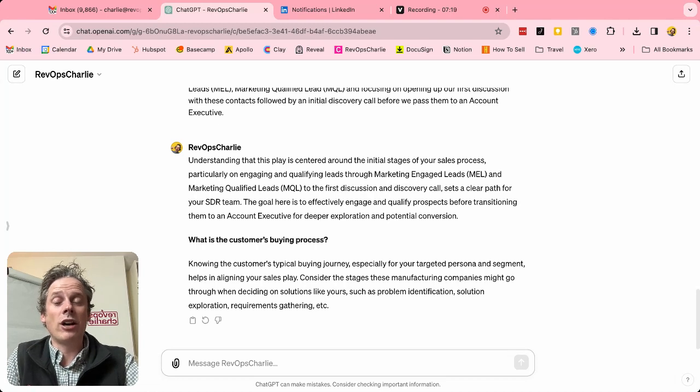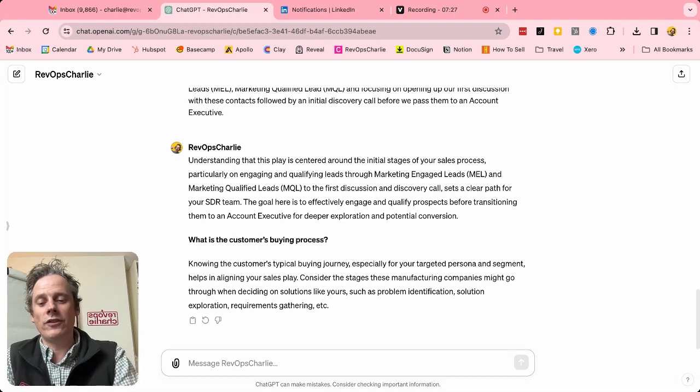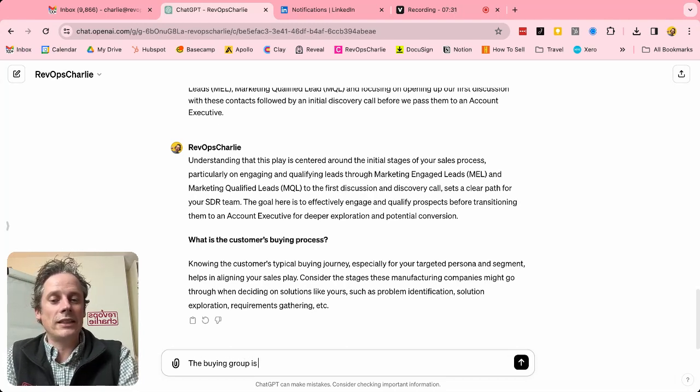So considering we're right up at the top of the sales process and of the customer's buying process, it's really that they're going to be in this problem identification phase. So the buying group is in the problem identification phase.